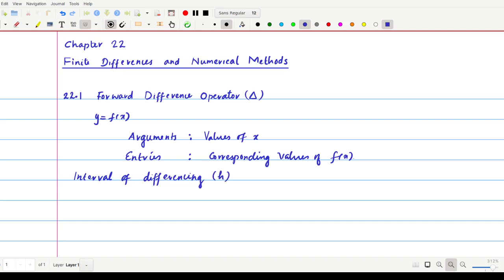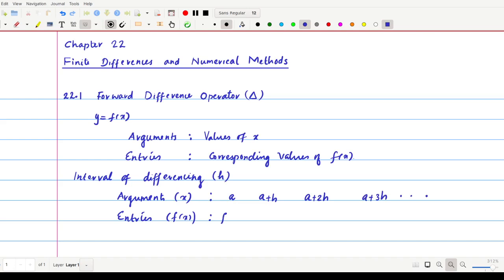In this case, we have these arguments, which are the values of x, and entries, which are values of f of x. If h is the interval of differencing, we have a, a plus h, a plus 2h, a plus 3h as the values of x, which are called arguments.